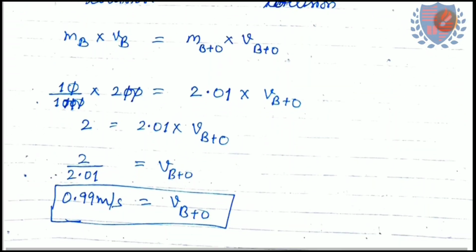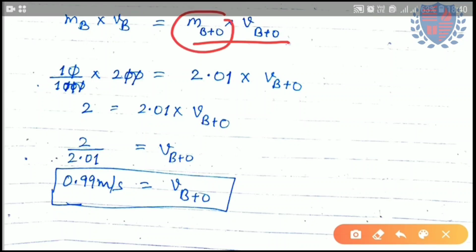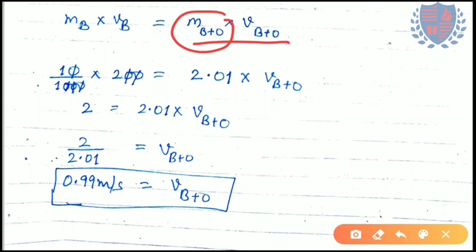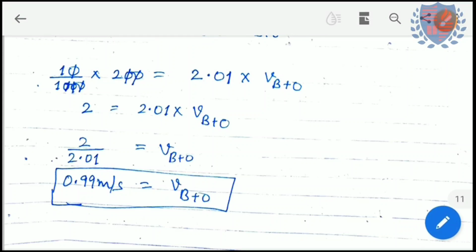The only thing you all need to keep in mind is that once the bullet gets embedded in the target, we have to take the mass of the bullet and target both. Now substituting the values, here we will get 2, here we will get 2.01, and thus the velocity of the bullet and the target is 0.99 meter per second. Thank you students.